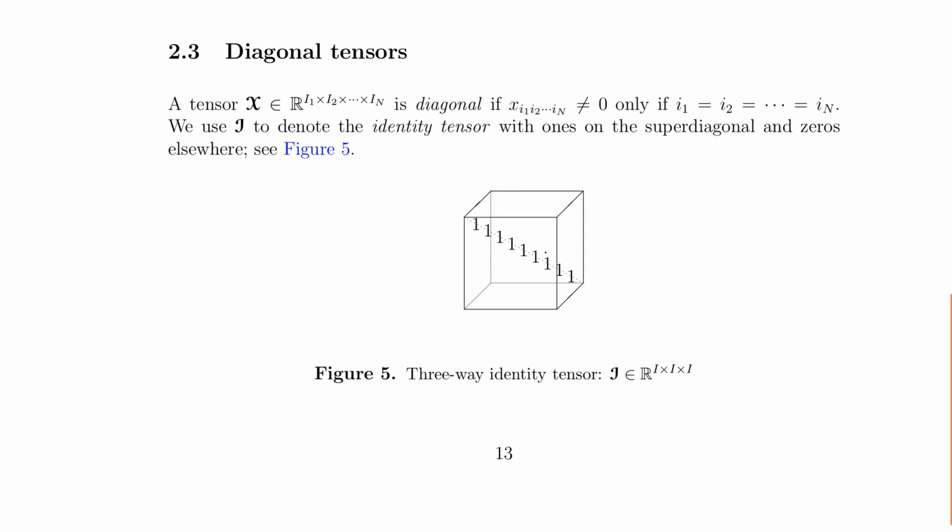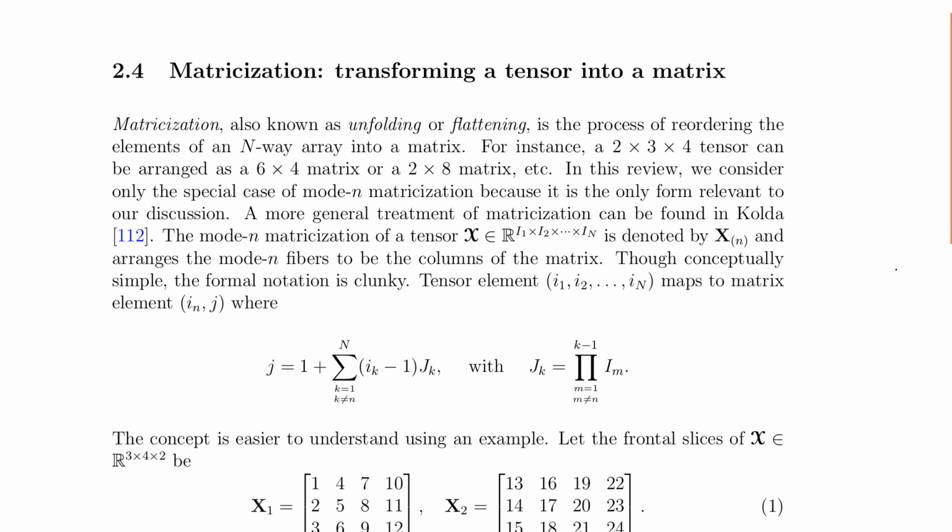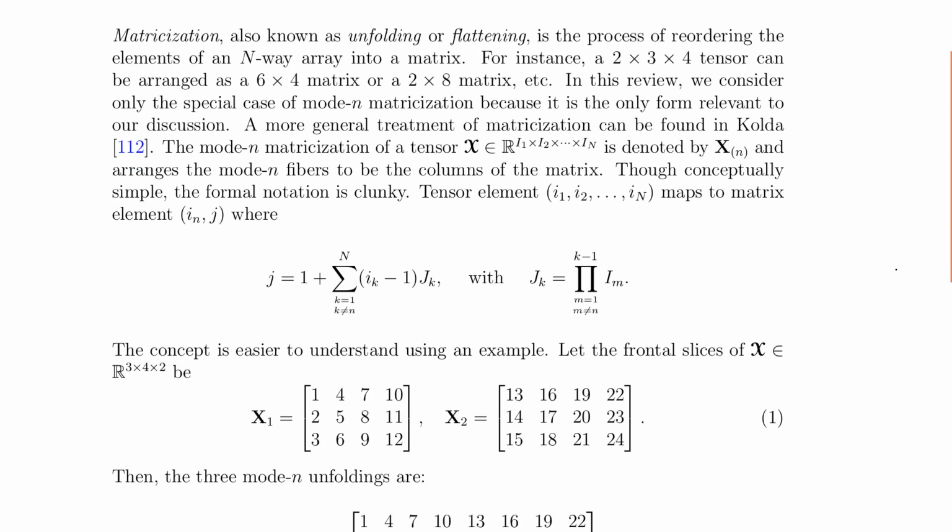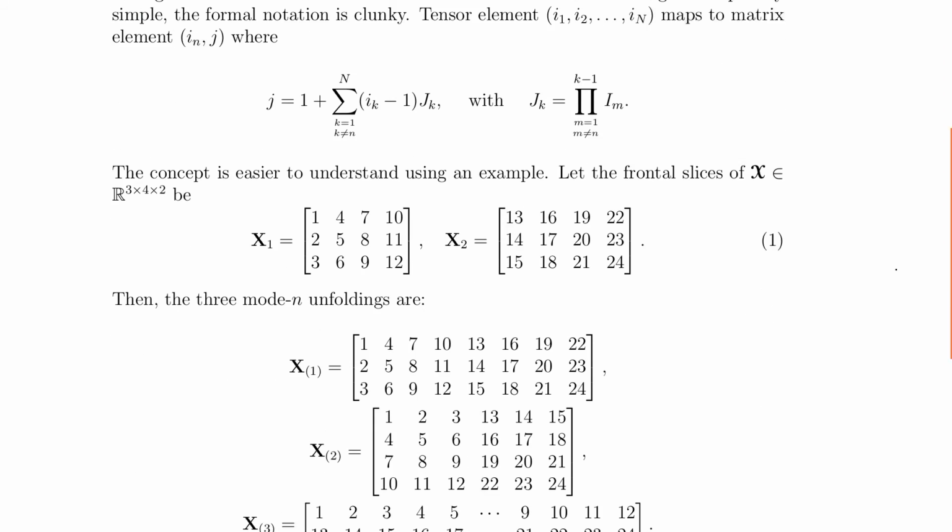Basically, x_{i1...in} is equal to 1 whenever these indices are all the same, and otherwise equal to 0. Now back to matricization, this is a numerical example.